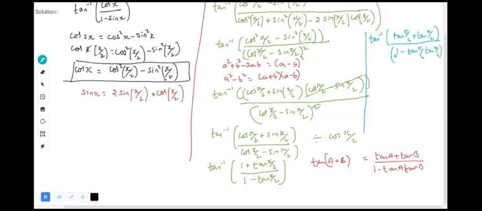If you see this, it is in the form of tan a plus b, where a is pi by 4 and b is x by 2. So if you write the answer, we get tan inverse of tan of pi by 4 plus x by 2. This tan inverse and tan will get cancelled. We get the answer as pi by 4 plus x by 2 for the given question.